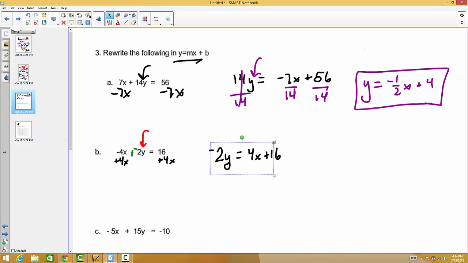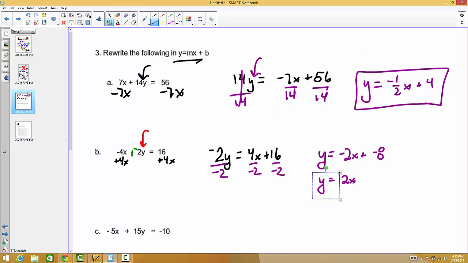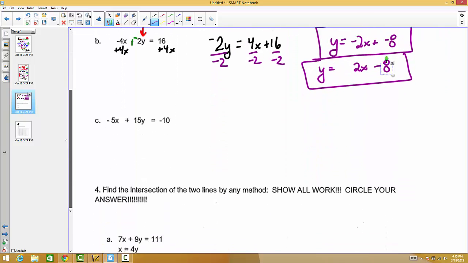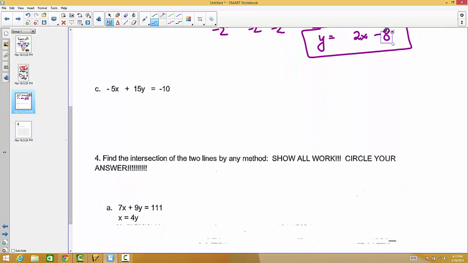Now you're going to divide by that negative 2 to get the y totally alone. So y equals negative 2x plus negative 8. You could also have negative 2x minus 8. Okay, these are the same. I always just do plus and negative so I don't make a mistake.